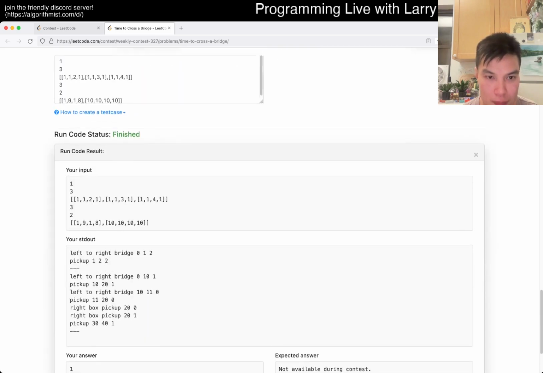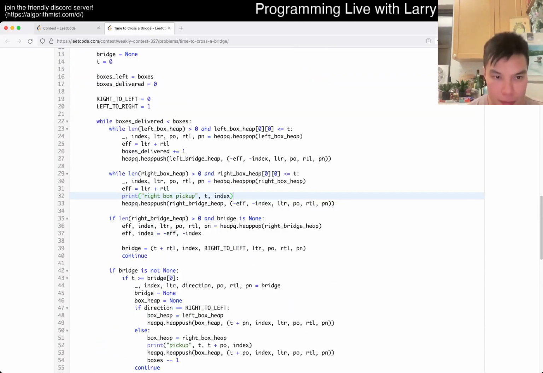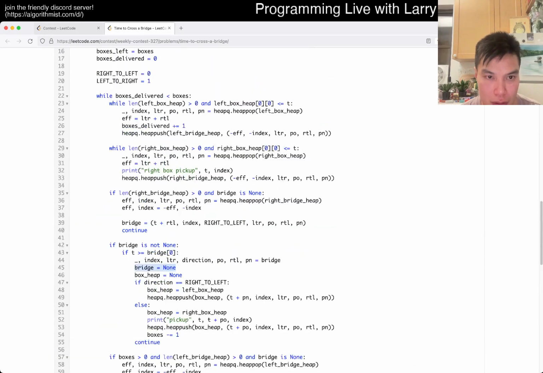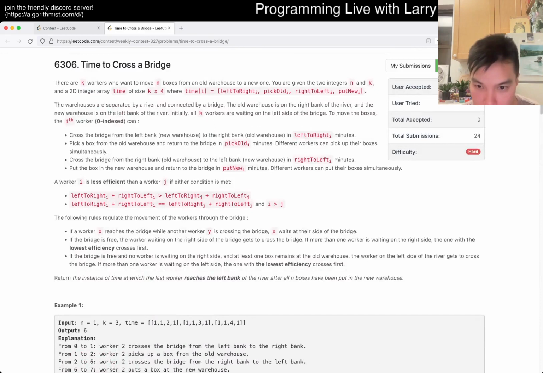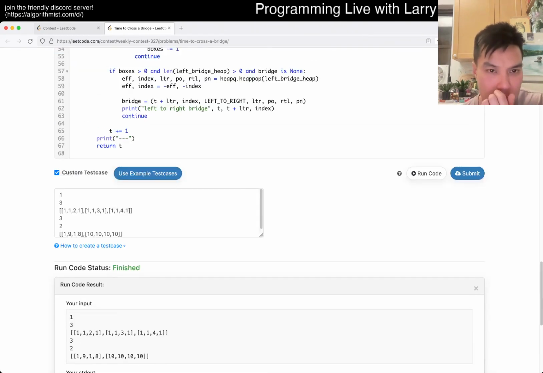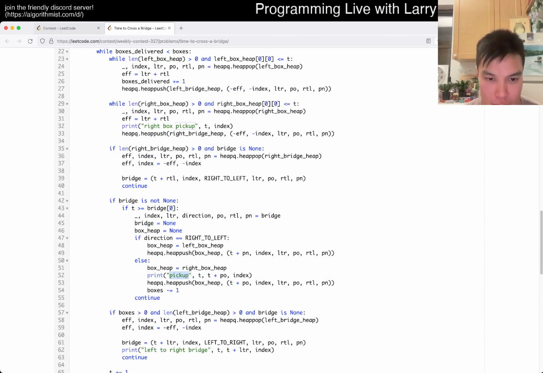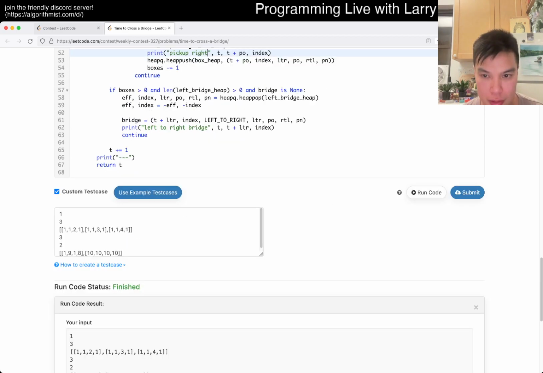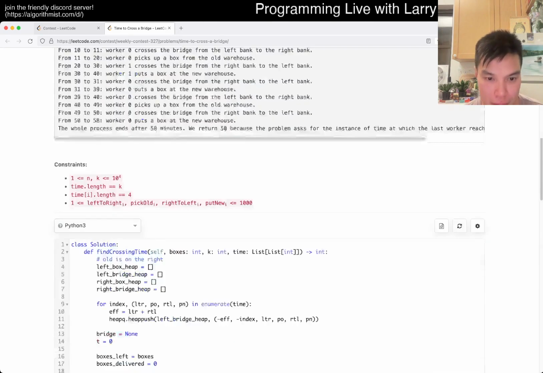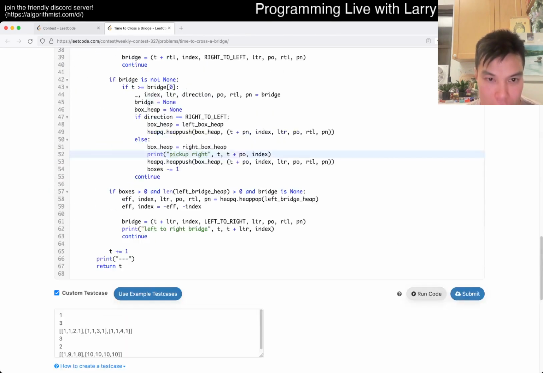Huh. Did I not reset this? No, I said reset bridges none. Wait, I think there's a thing with this. This is really sad. Pick up on the right. Oh, the answer did change, maybe, but it's still not right though. Pick up on the right. Okay.